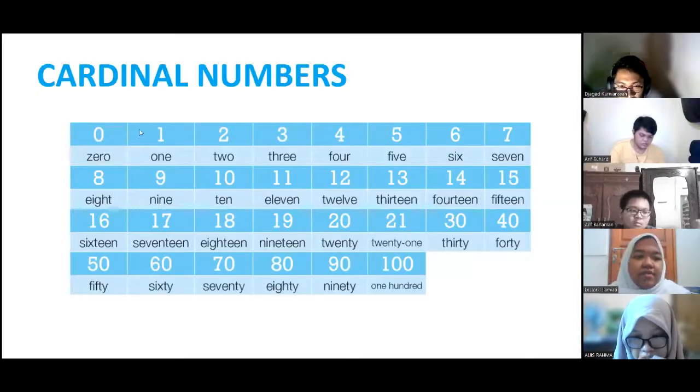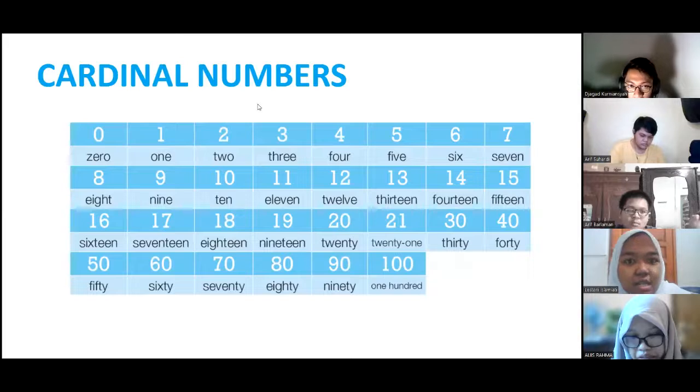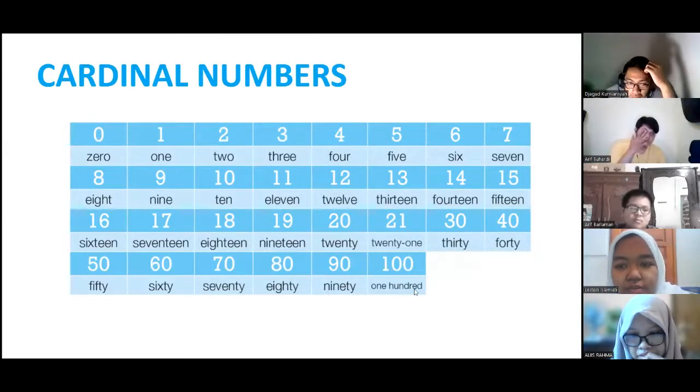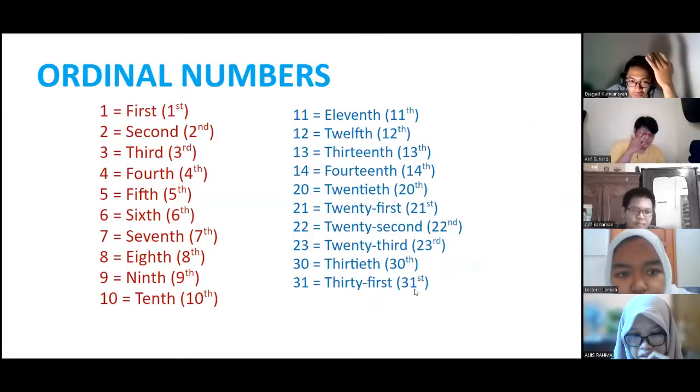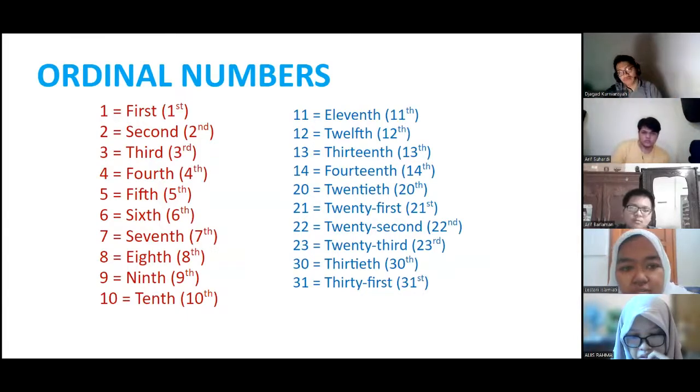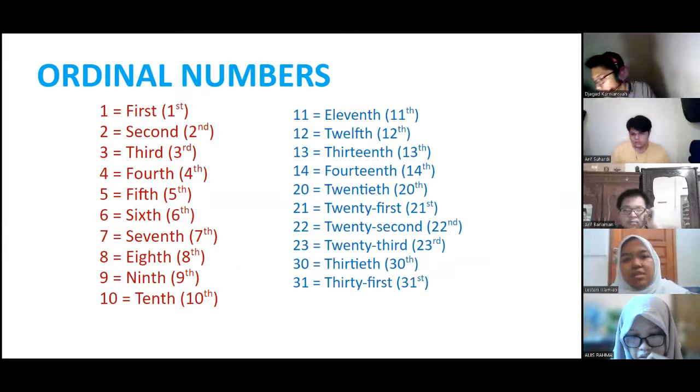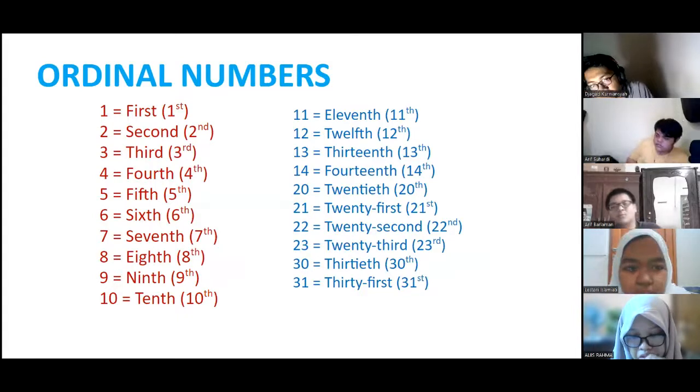Okay, here we have cardinal numbers. These are the usual numbers that you know, 0, 1, 2, 3, 4, 5, 6, and so on. And then when it comes to date, you have ordinal numbers. So you have first, second, third, fourth, so it is in order.